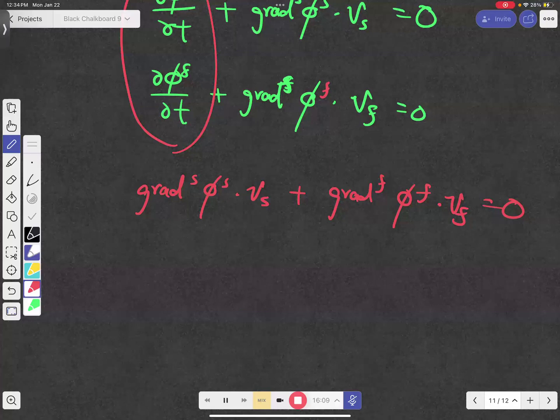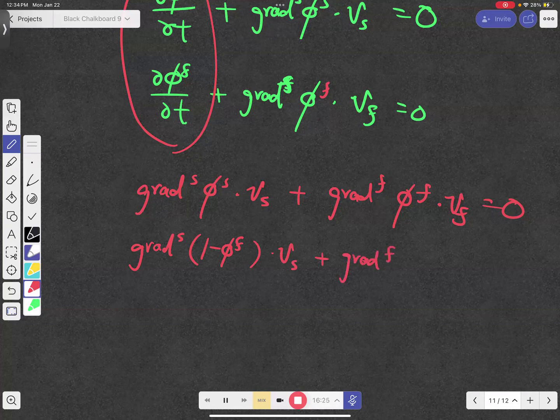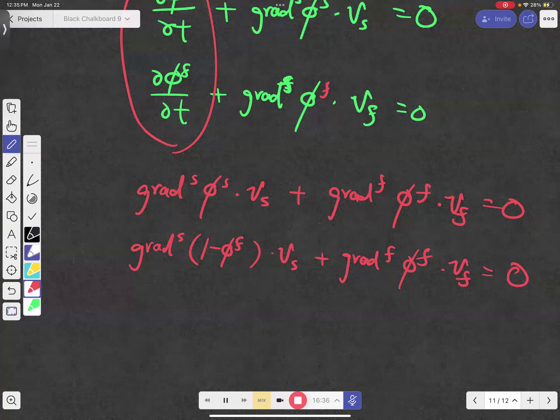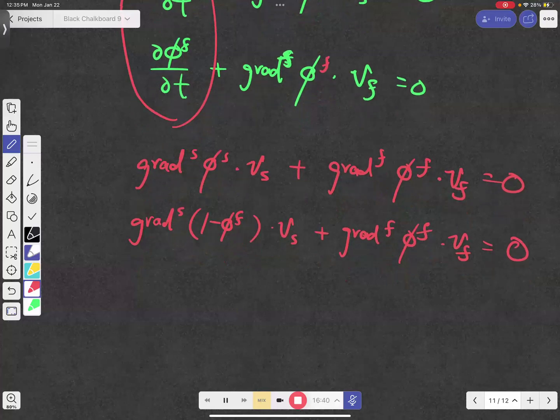First, sorry, this is 1 minus theta f, right? So far so good. And then what? Let me write it out first.